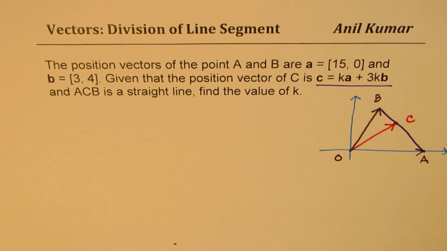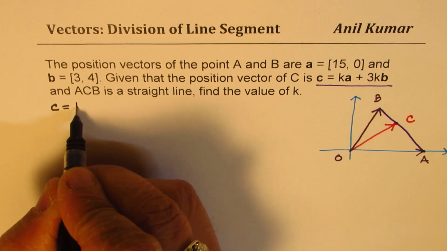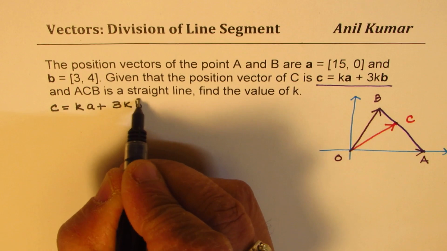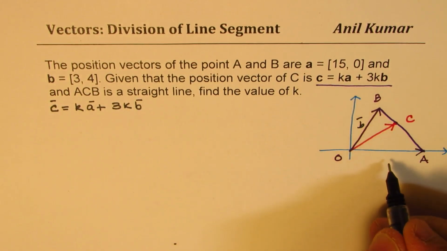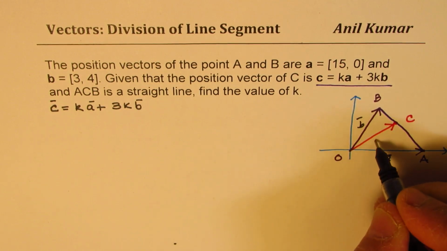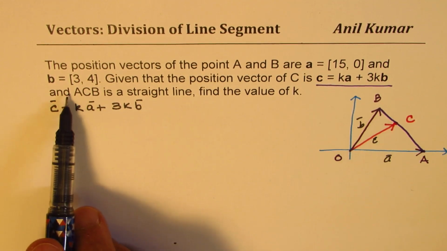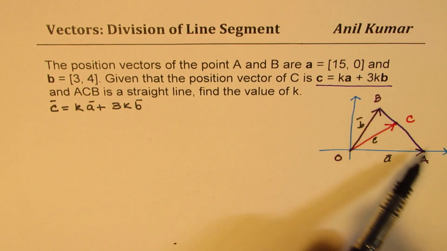Now, what are we given here? We are given that C is equal to Ka plus 3Kb. So A and B are these vectors, and of course, this will be C. We are also given that ACB is a straight line. That means C is somewhere in between.